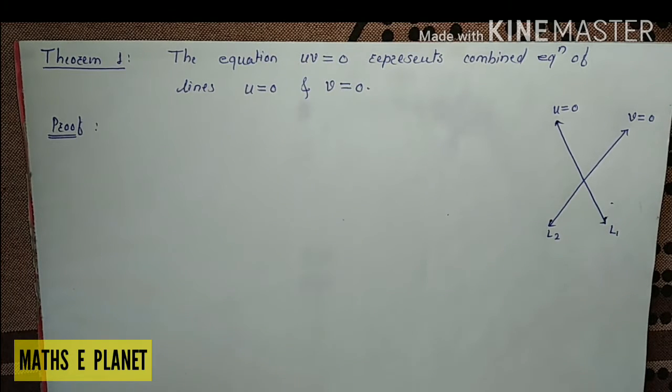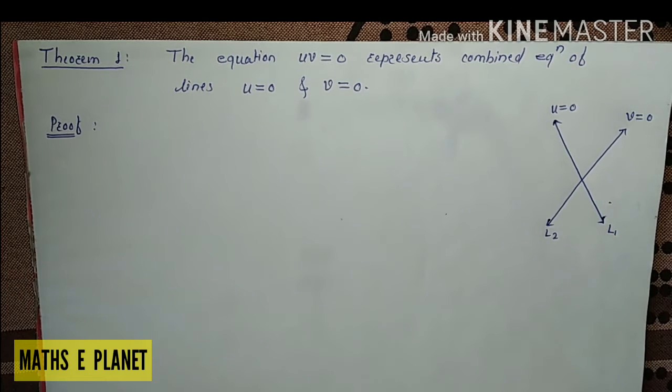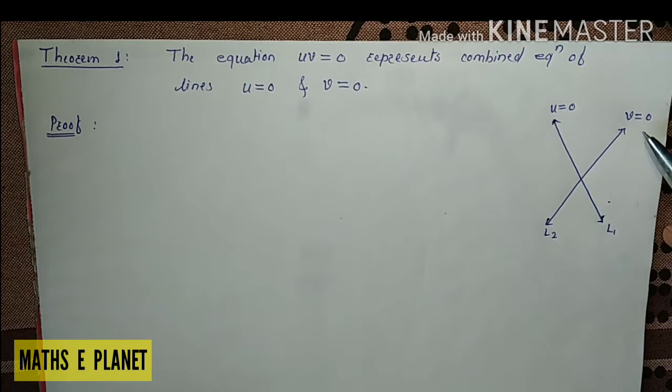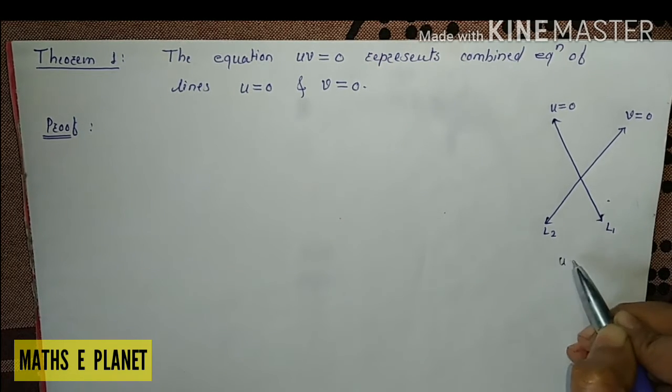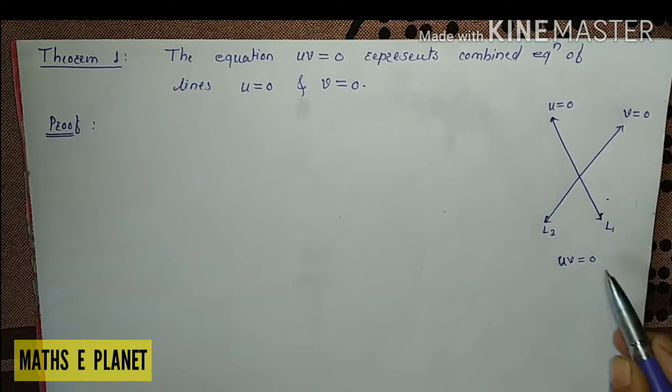Suppose what the theorem is stating here is that if there are two lines u is equal to 0 and v is equal to 0, then the equation u into v is equal to 0 represents the combined equation for these two lines.